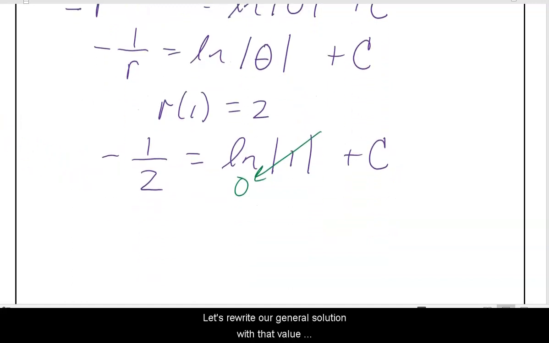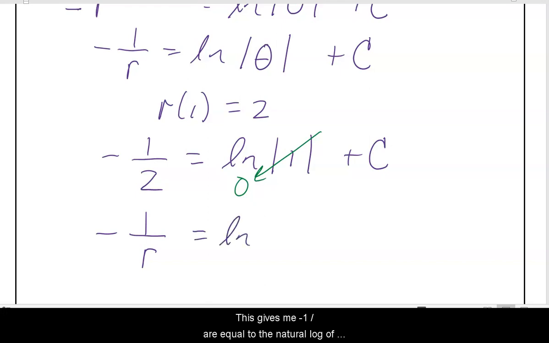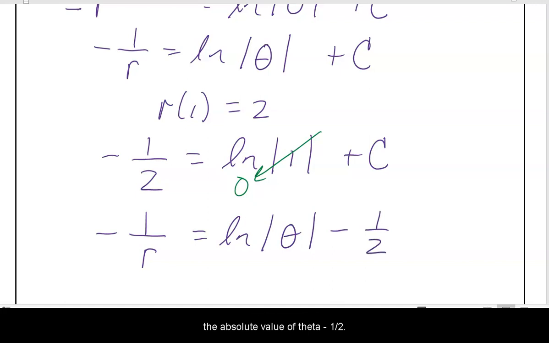Let's rewrite our general solution with that value plugged in place of c. This gives me negative 1 over r equal to the natural log of the absolute value of theta minus 1/2. Now, can we get this in a better format, and can we solve it for r?